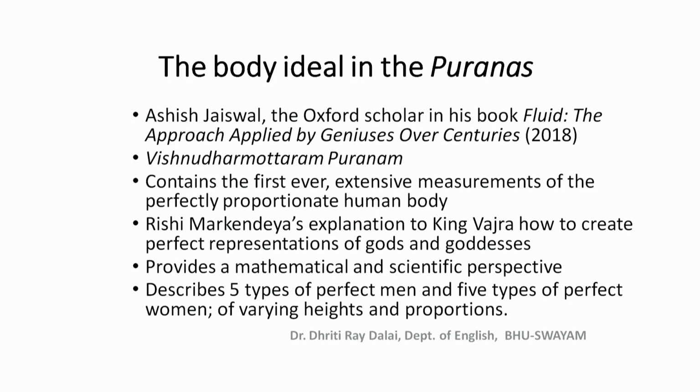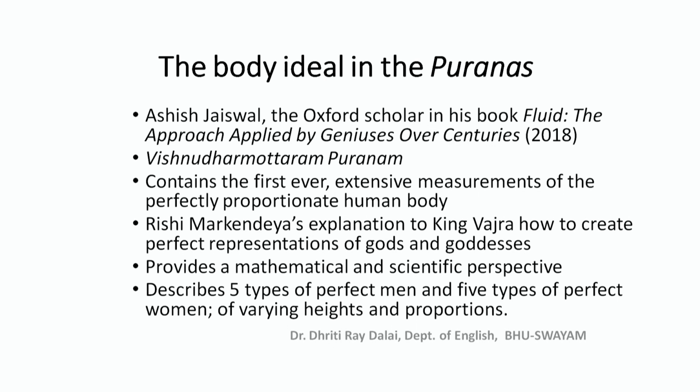There is this discourse which is taking place between Rishi Markandeya and King Vajra. Rishi Markandeya is explaining to King Vajra how to create perfect representations of gods and goddesses. The image that Ashish Jaiswal refers to provides a mathematical and scientific perspective, and there is a description of 5 types of perfect men and 5 types of perfect women of varying heights and proportions. I have deliberately not brought in the image here because of copyright issues.